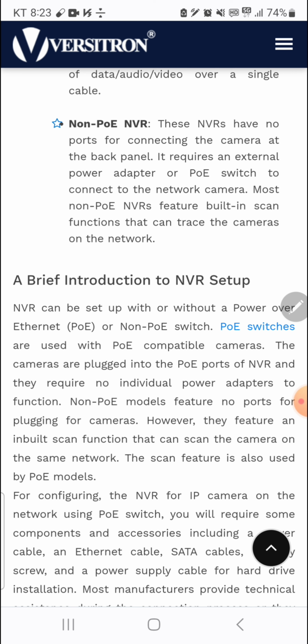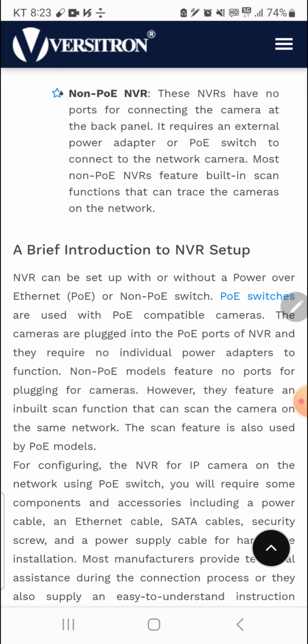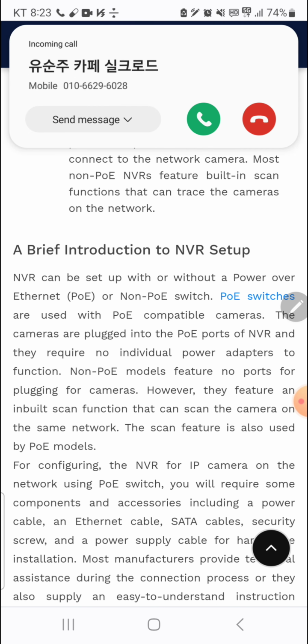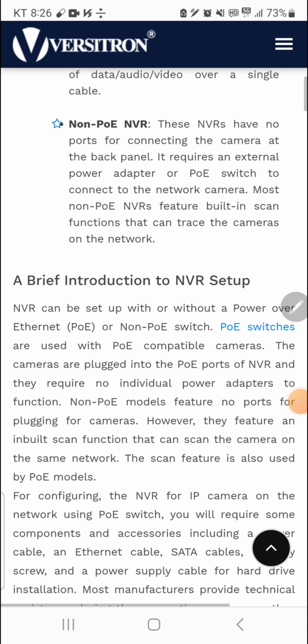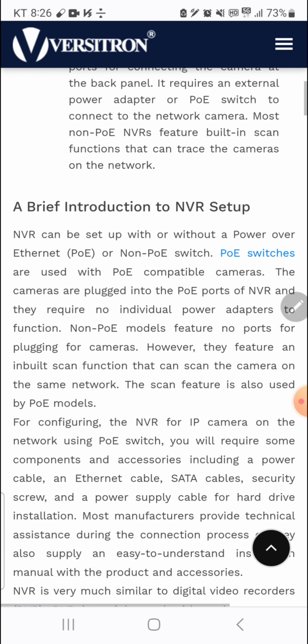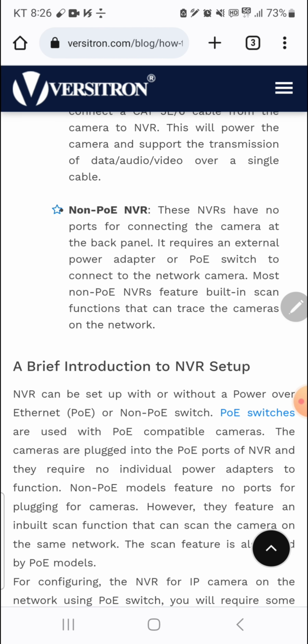Non-PoE NVR. These NVRs have no ports for connecting the camera at the back panel. It requires an external power adapter or PoE switch to connect to the network camera. Most non-PoE NVRs feature built-in scan functions that can trace the cameras on the network. A brief introduction to NVR setup. Let me go back to a non-PoE NVR.